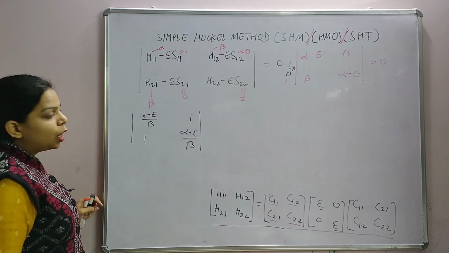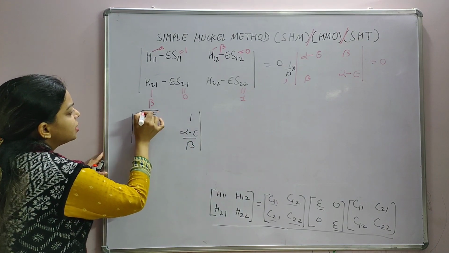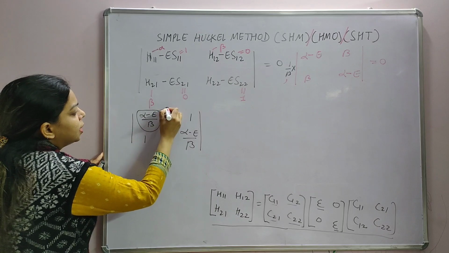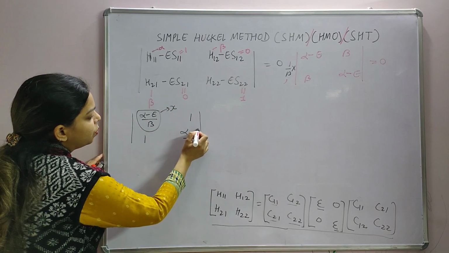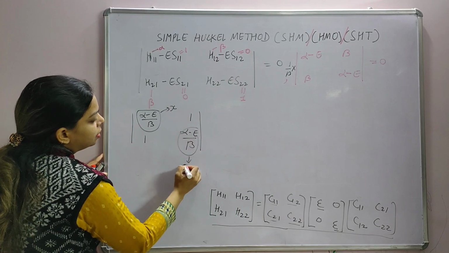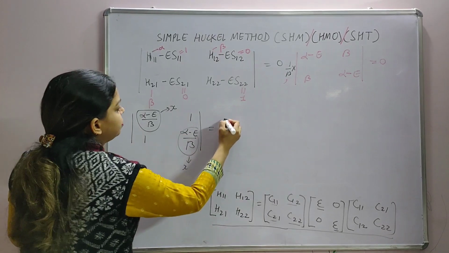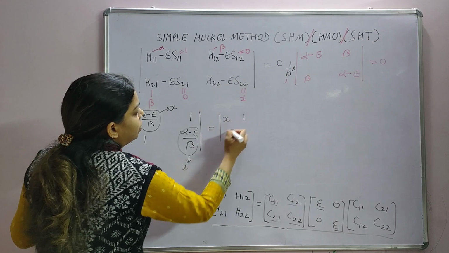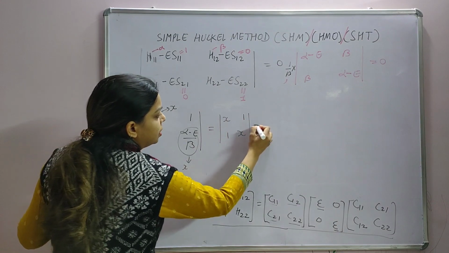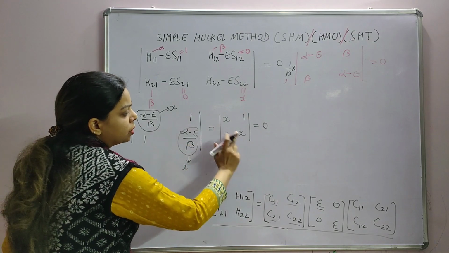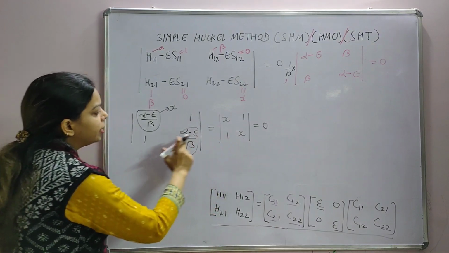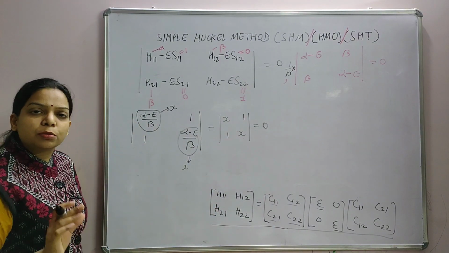For further simplification, I substitute this entire thing equal to x. So we have the determinant x, 1, 1, x equal to 0. Now we can calculate the value of x and then calculate the value of E in terms of alpha and beta.